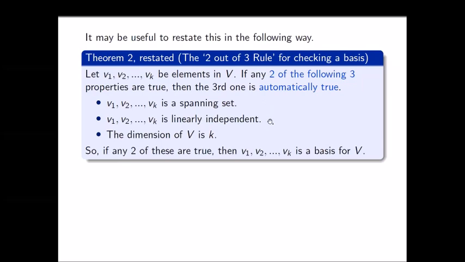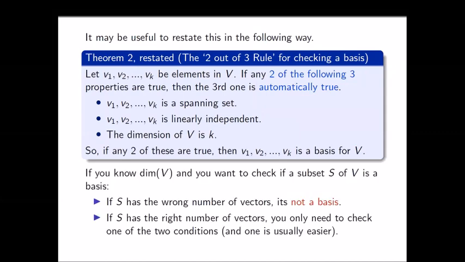The 3 properties are that V1 through Vk is a spanning set, V1 through Vk is linearly independent, and that the dimension of V is k. So if any 2 of these are true, then the third one is true as well, and as a result, this collection of vectors V1 through Vk forms a basis for the subspace V.